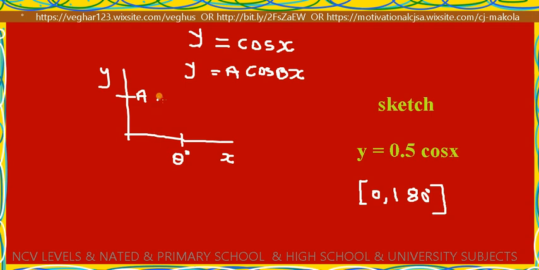So if there's no number here, normally we put 1 here, because you know that the graph of course goes from here, goes to 90 and like this is 270.